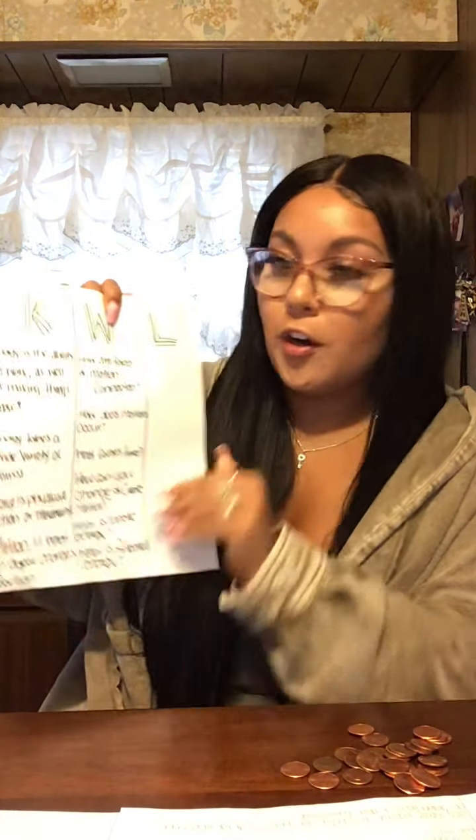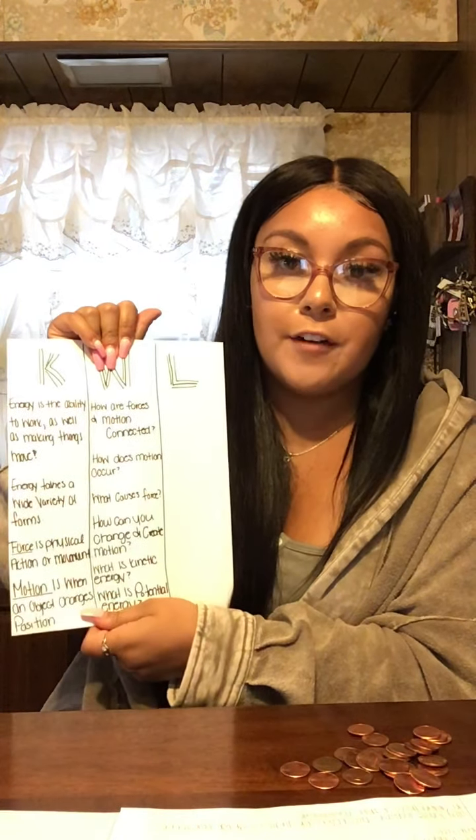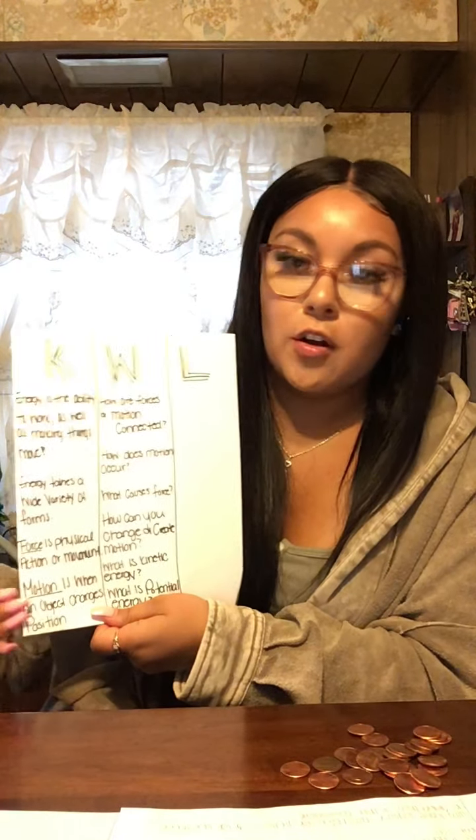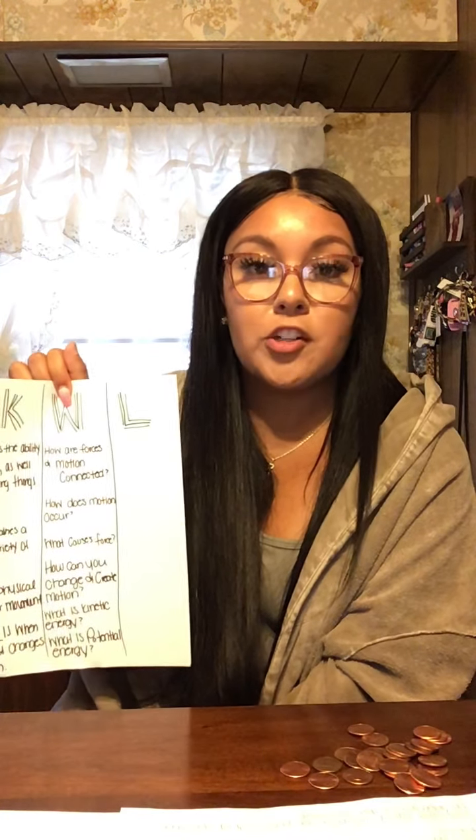So I created my own little KWL chart of things that I would want to go over with the students, and figured they would already know in this column. For my know, I have energy is the ability to work as well as making things move. At the beginning of the lesson, we're going to review energy and discuss what the different types of energy are, how it works and what it does.